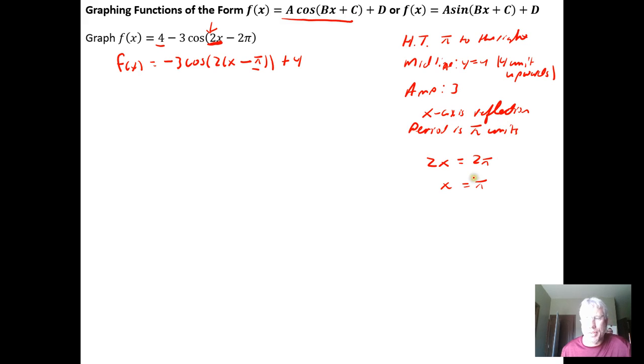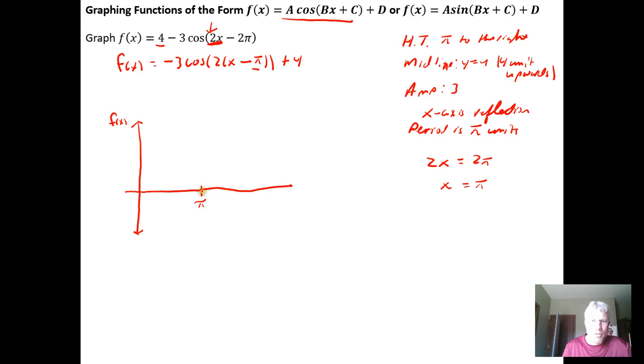And then we can kind of think about graphing our function. So the period is pi, and we have a horizontal shift of pi units. So if I think about my horizontal axis for just a minute, I'm going to be putting a vertical axis in. So here's my f of x axis, and I'm going to be shifting pi units over.